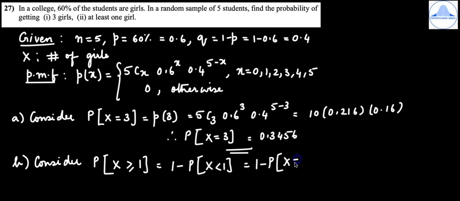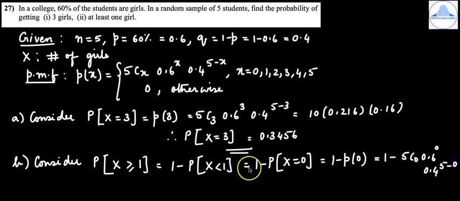So probability of x equal to 0, which is 1 minus p of 0. So this is 1 minus 5C0, 0.6 to the power 0, 0.4 to the power 5 minus 0.